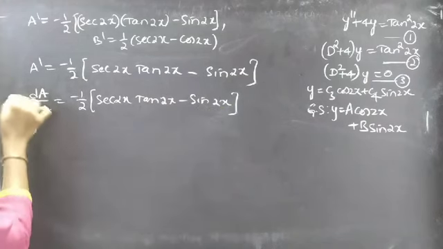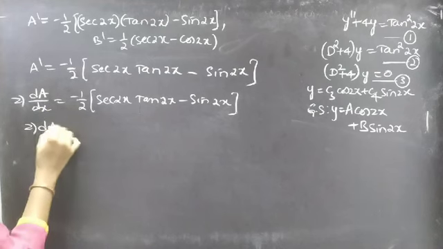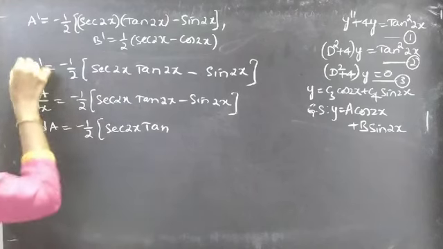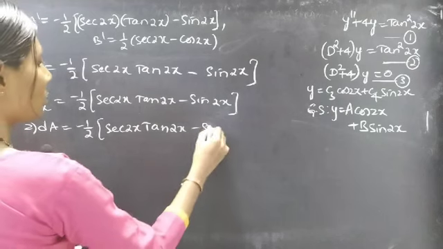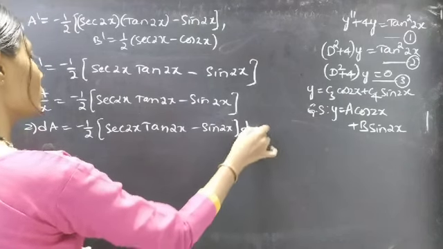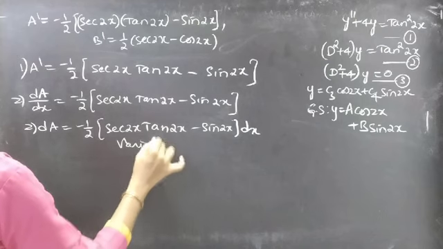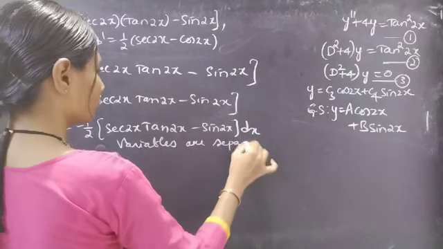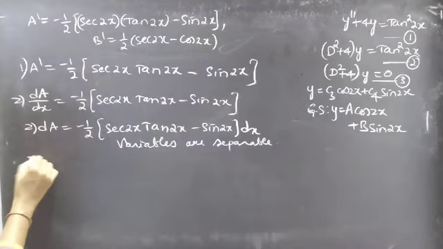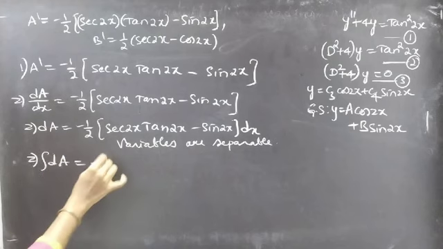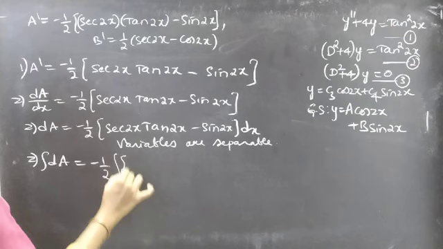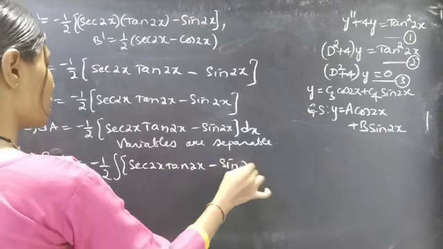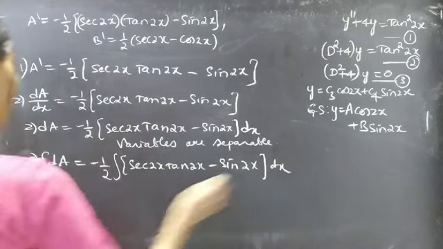In order to separate the variables, we'll take the differential dx to RHS, then we'll get dA equals minus 1 by 2 into secant 2x tan 2x minus sin 2x into dx, right? Here the variables are separable, so we can perform integration. Integral dA equals minus 1 by 2 integral of secant 2x tan 2x minus sin 2x into dx.